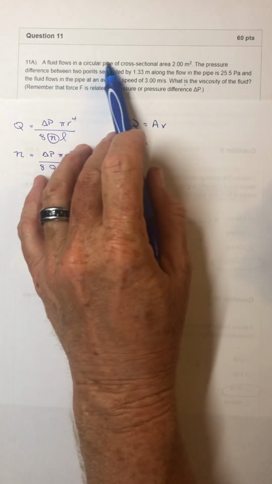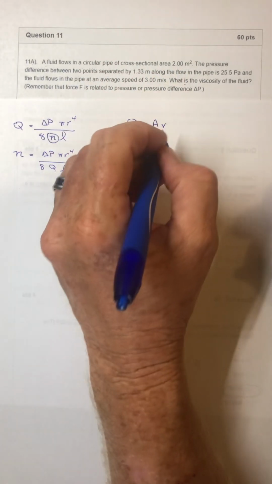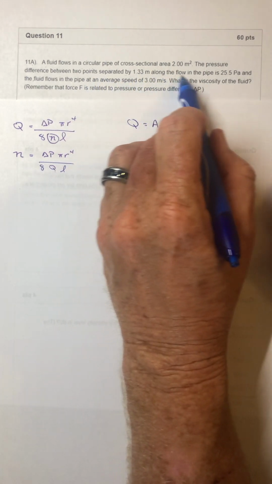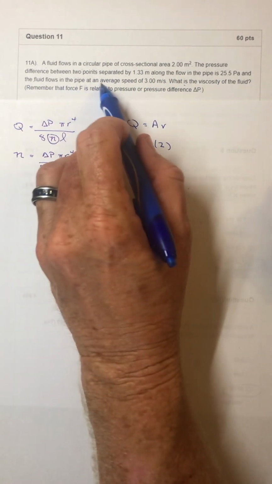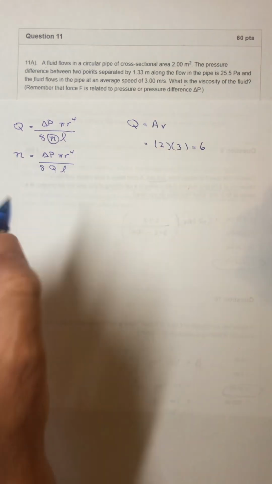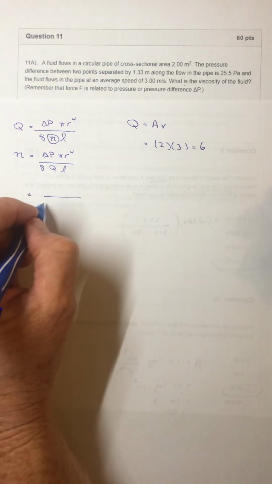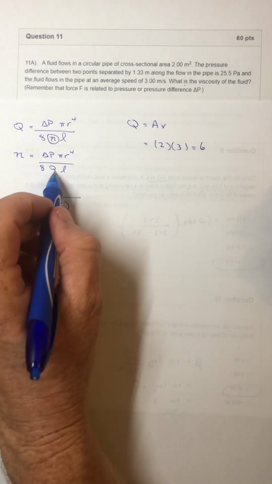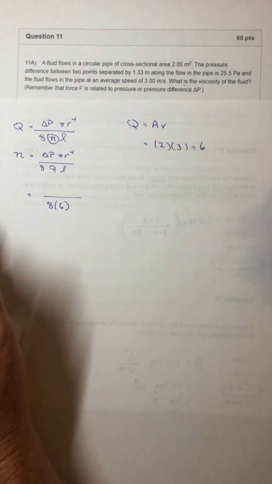If you look at this, it says it's a circular cross-section, has an area of 2, and somewhere it gives the flow rate, an average speed of 3. And so that number is a 6. So there's our flow rate.